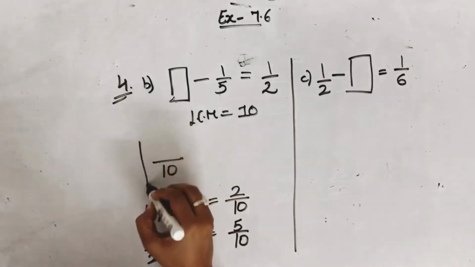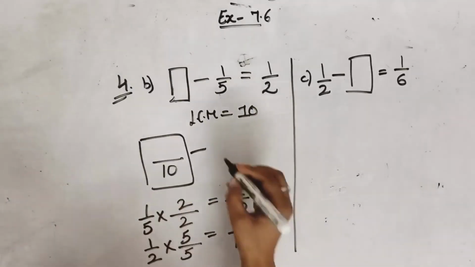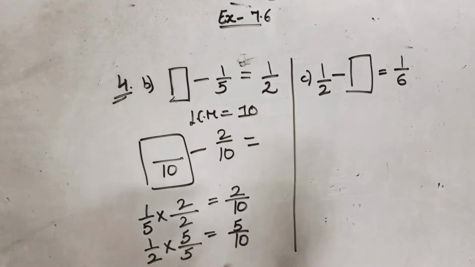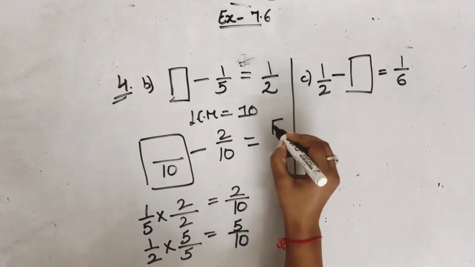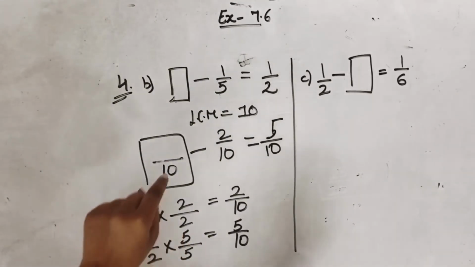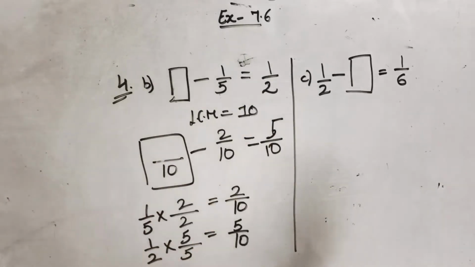So now I am writing all of these fractions again. 1 by 5 can be written as 2 by 10, 5 by 10 instead of 1 by 2. Now you can find the numerator. By which number will you subtract 2 so that you get 5? 7. So the answer is 7 upon 10.